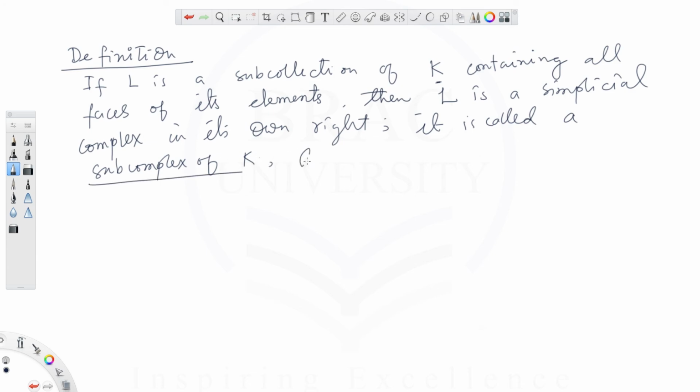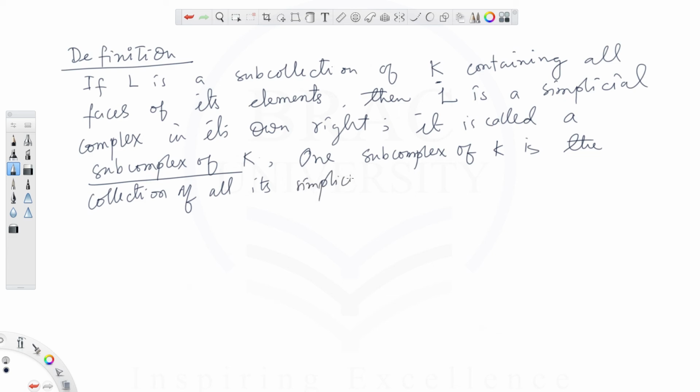Okay, one subcomplex of K is the collection of all its simplices of dimension at most p.